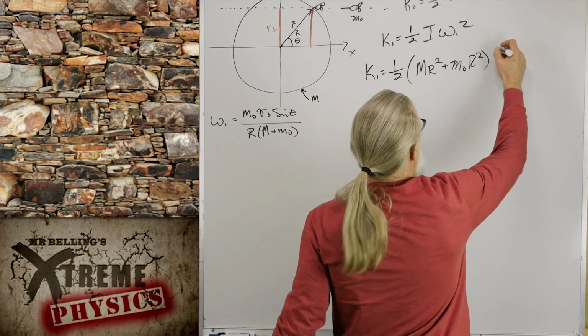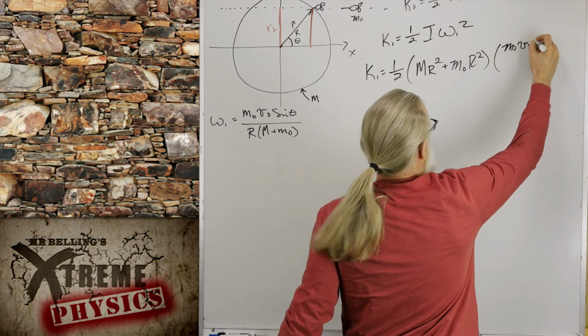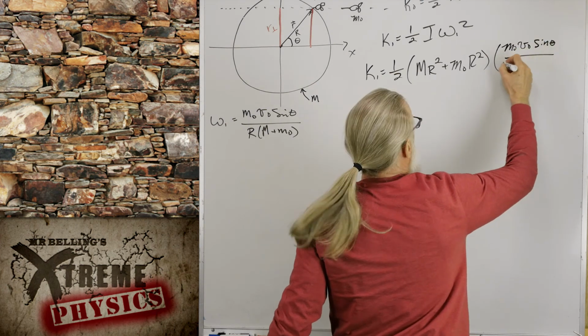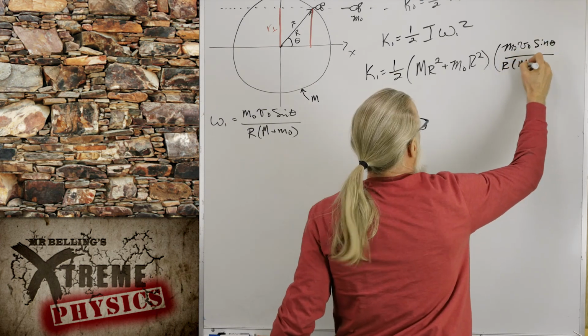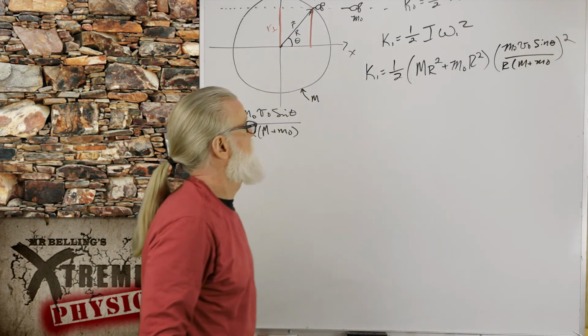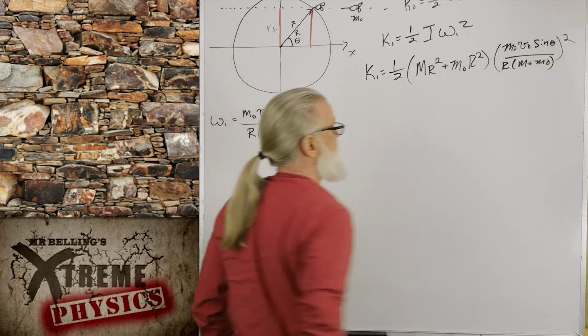Oh, okay. So then we got m0 v0 sine of theta divided by r times (m plus m0), all squared. All right, let's put a lot of parentheses there.